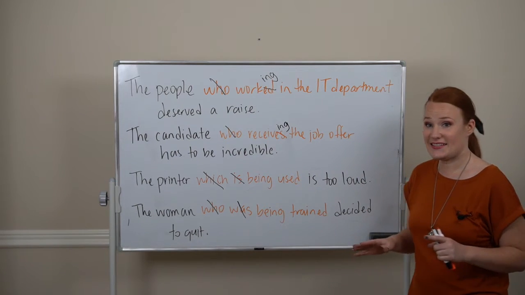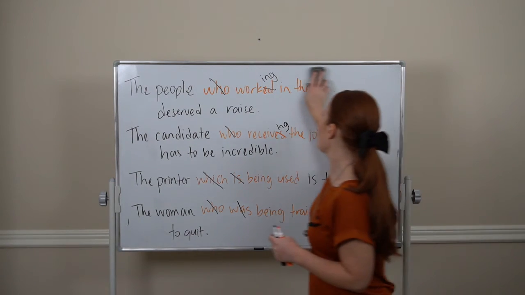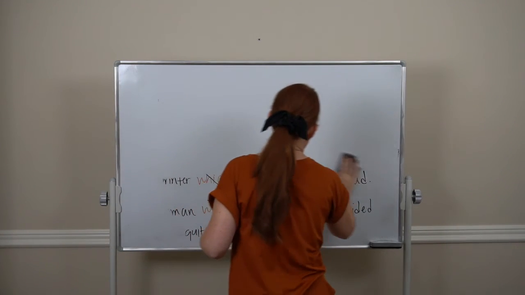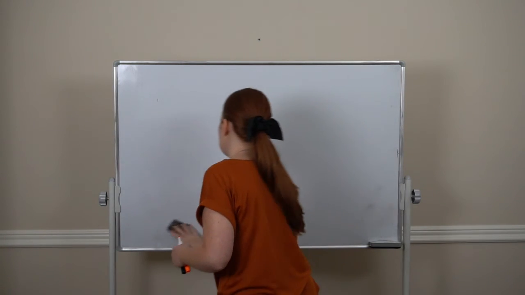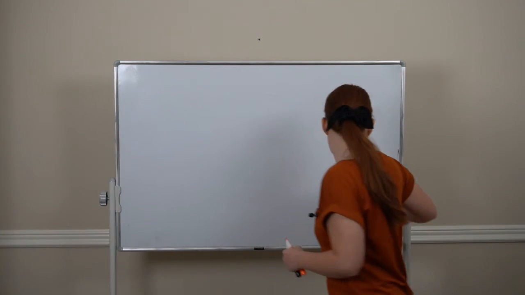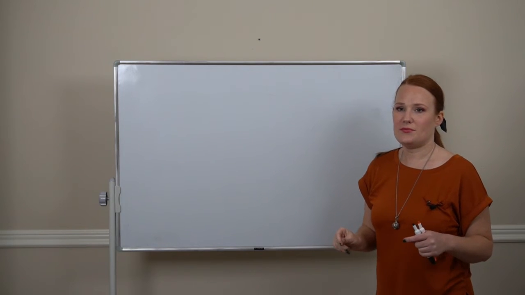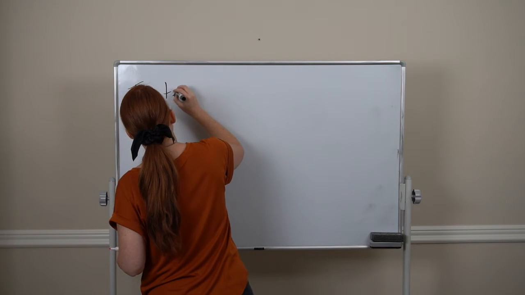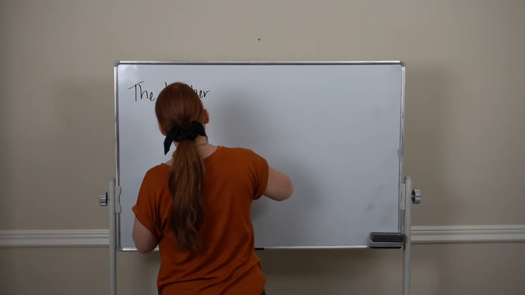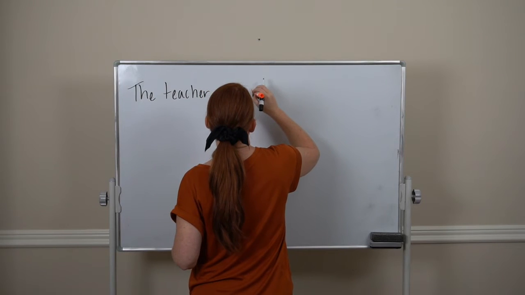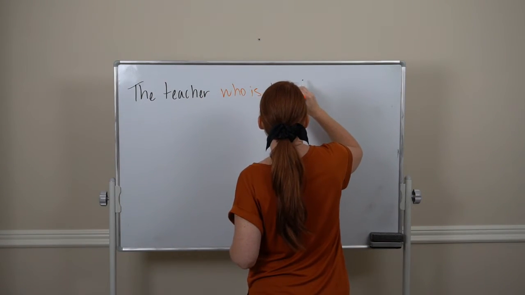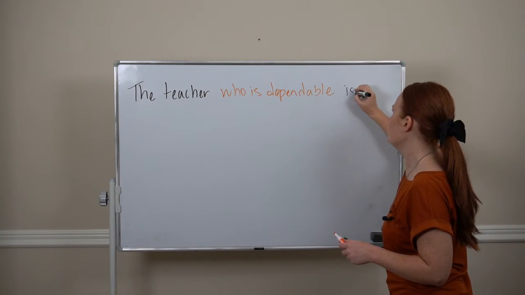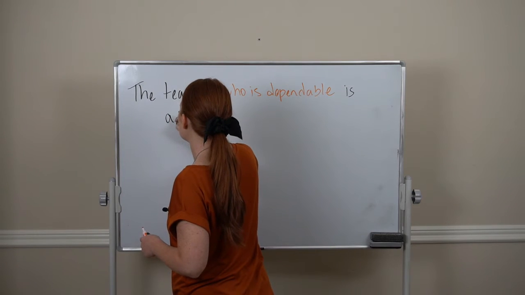All right, last idea. Sometimes we have a relative clause that's pretty short. So, for example, the teacher who is dependable is admired by her students.